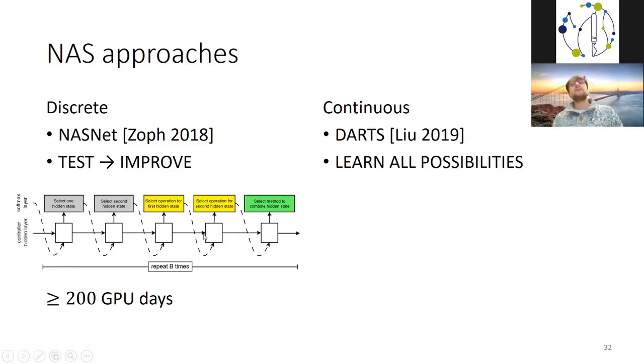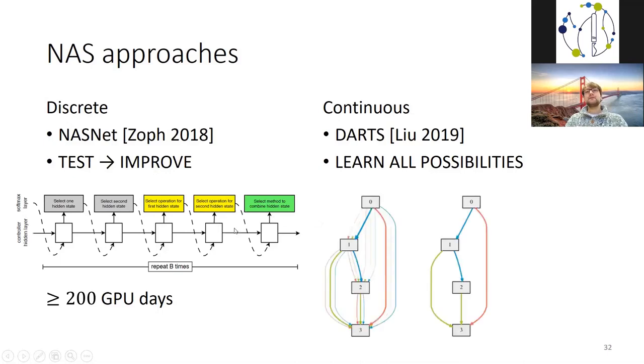Then we have a continuous approach, called the DARTS approach, where we basically learn all possibilities. We build the network tree, and we superimpose all operations that could be in any of those nodes. Superimposing them, we then do a weighted sum to break it down again.